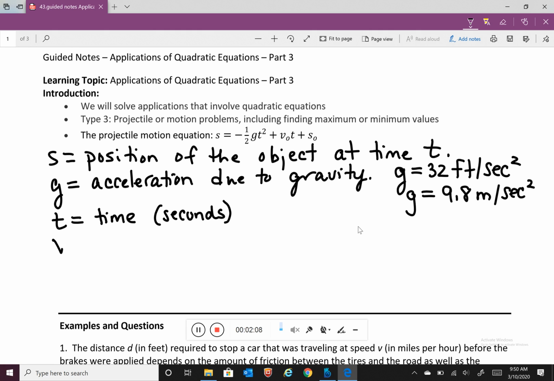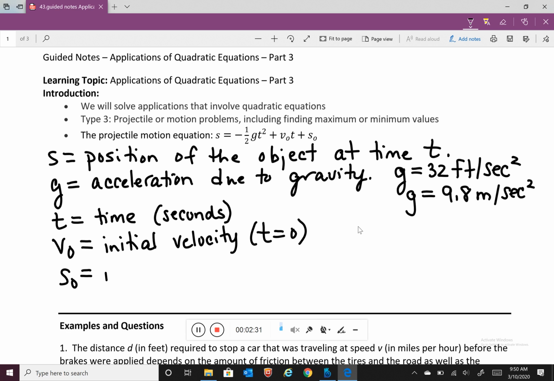V sub 0. Now the sub 0 is also known as V naught, and that is the initial velocity or speed. And initial means start, and so that means when t is 0. And then S sub 0 is the initial position.